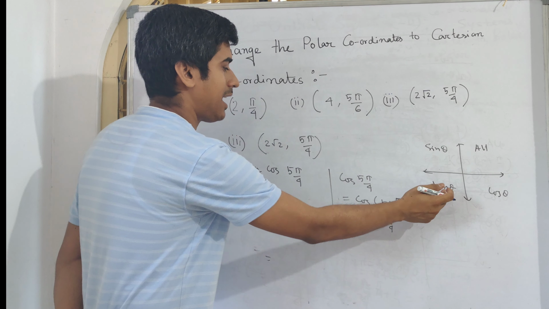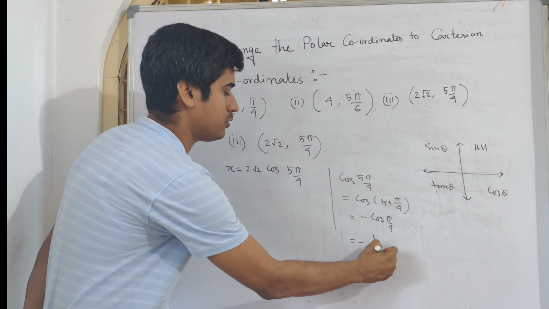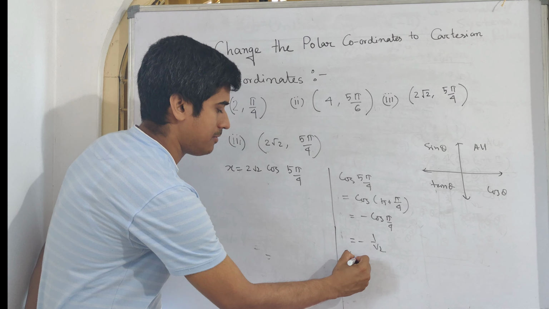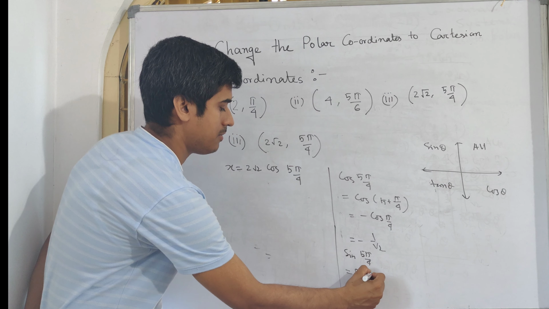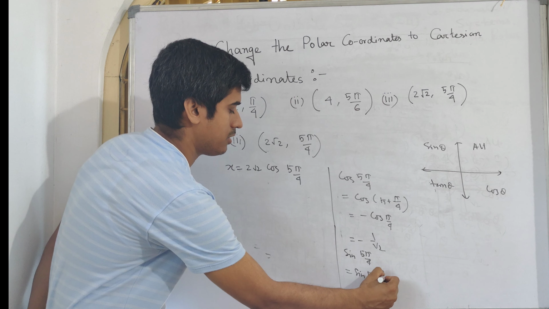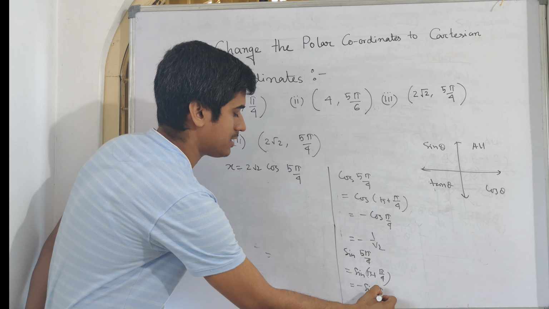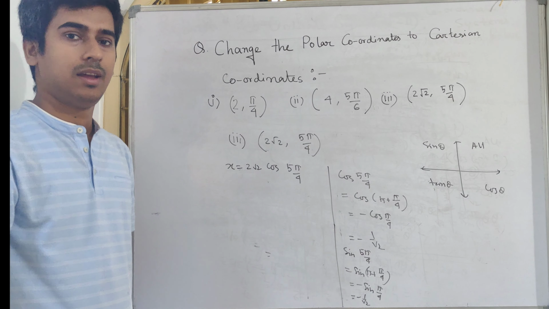As in the third quadrant only tan is positive, so cos is negative, that is minus 1 by root 2. Also sin 5 pi by 4 equals sin of pi plus pi by 4, that is also negative, and it is minus sin pi by 4, that is minus 1 by root 2.